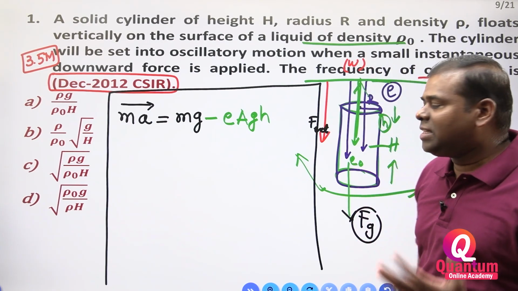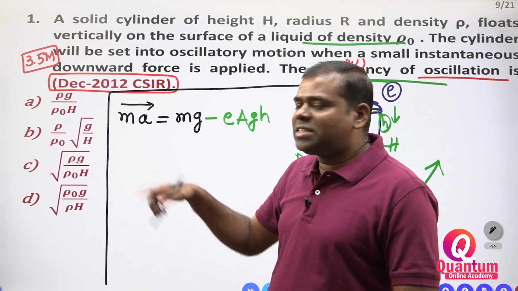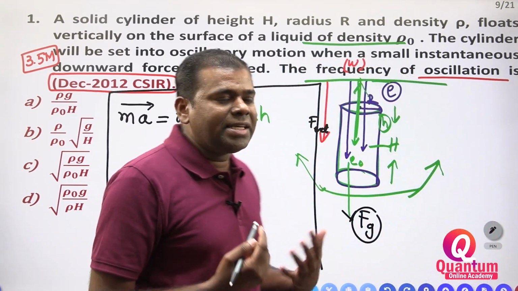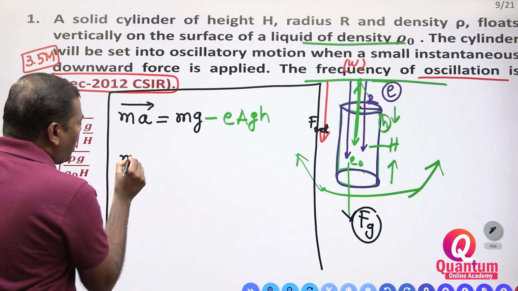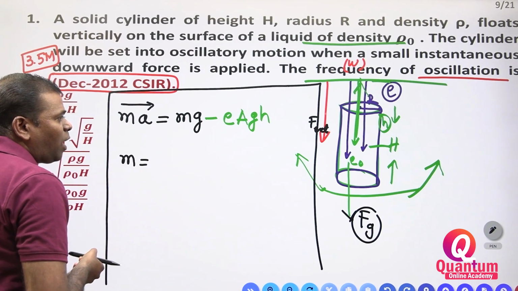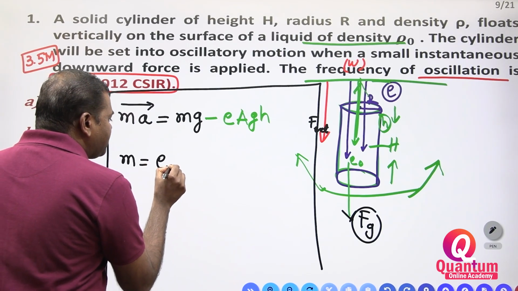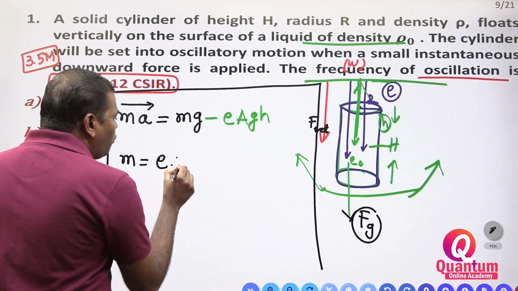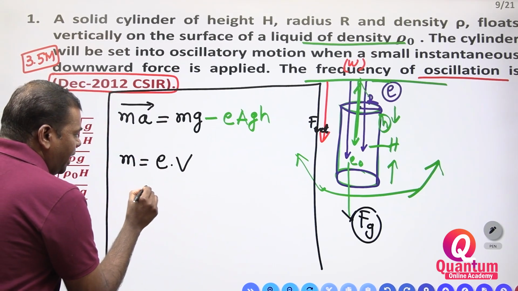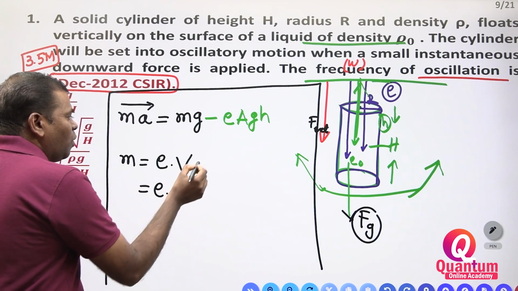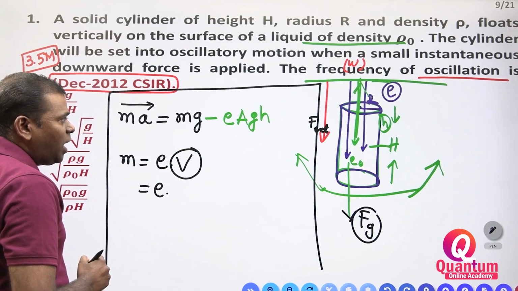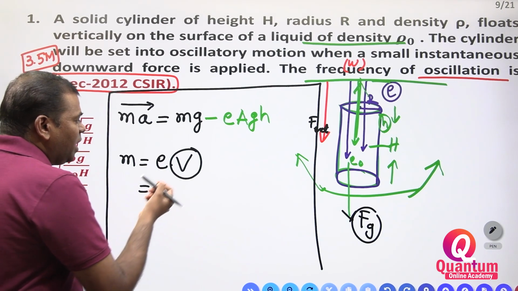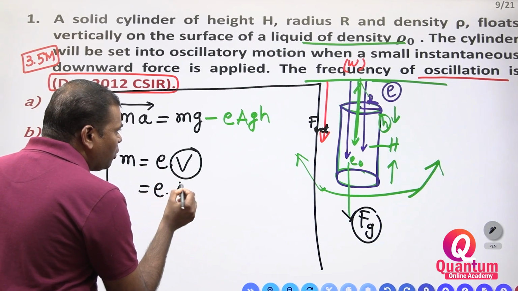Now you know one thing, this m belongs to whom? This m belongs to the cylinder, right? So mass is equal to density of the cylinder into volume of the cylinder. Volume is equal to area into h.